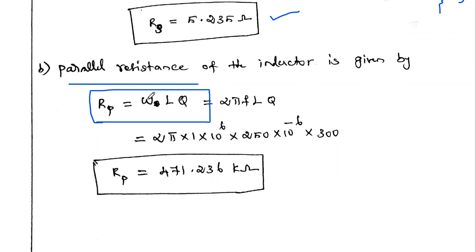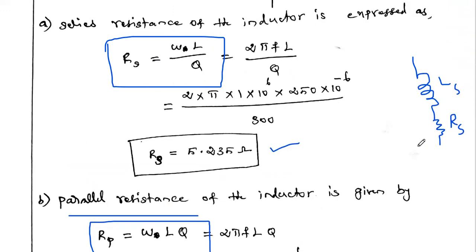If we expand omega, we get 2 pi f L Q. So substitute: the frequency f is 1 megahertz, 1 into 10 to the power 6, into 250 micro, so 250 into 10 to the power minus 6, into the quality factor 300. If we solve, we get 471.236 kilo ohm. So this is the parallel resistance of the particular inductor.